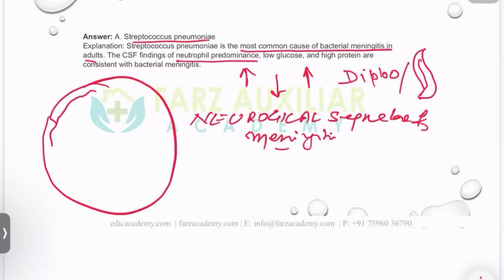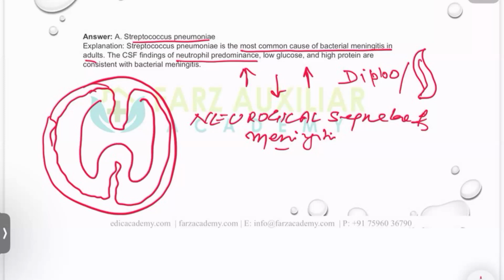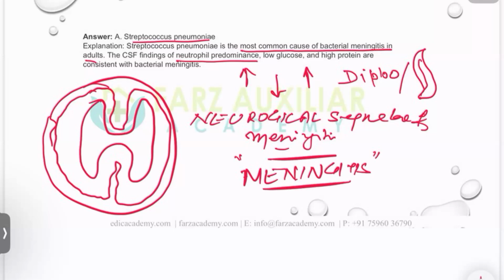I'm very bad at drawing, so please don't mind that. This is the brain and this is the ventricular system. Now, when we are talking of meningitis, can you tell me where the infection is?